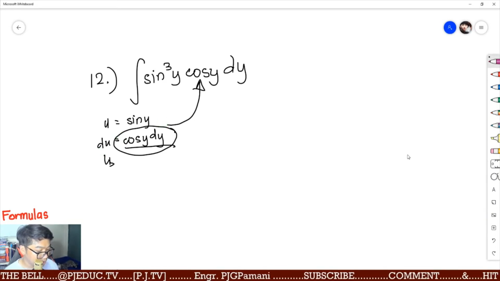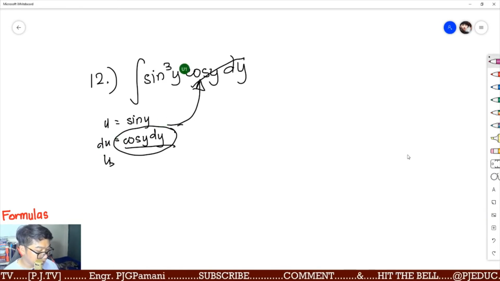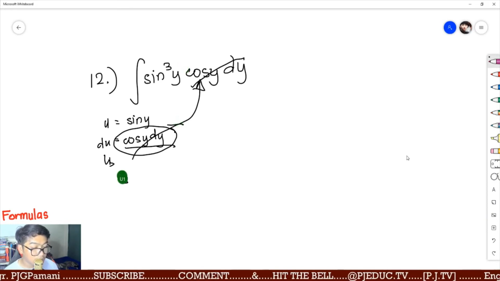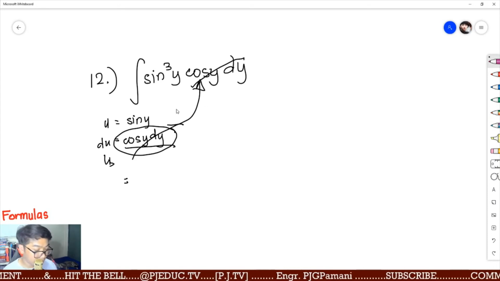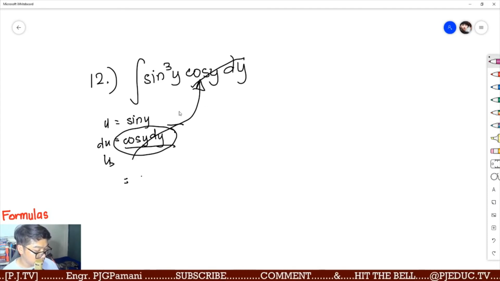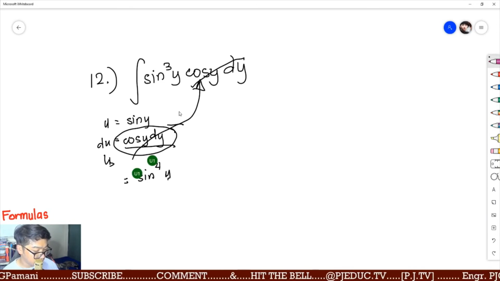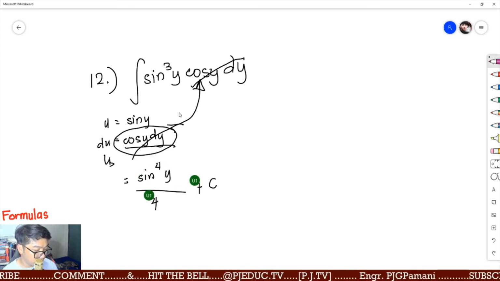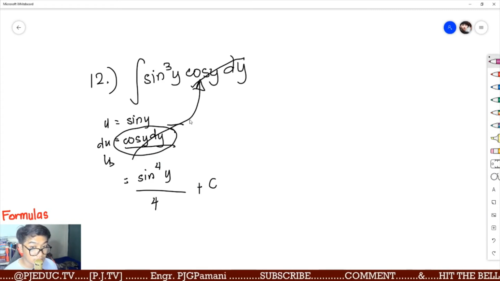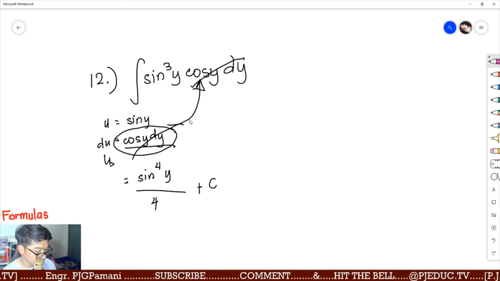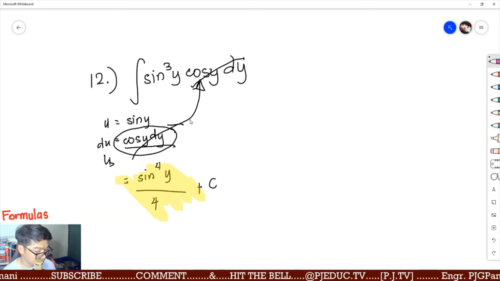So basically, makakancel na yung part na yan. Ang kailangan na nating i-integrate is yung ating sine cube y dy, which is now equal to sine raised to the 4th y over 4 plus c. Nag-add lang tayo ng isa. Yun na yun.